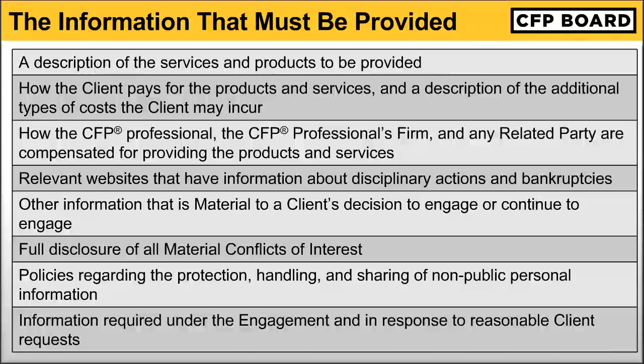Then other material information, which is a principles-based standard. If it's material information, the client has to get it. Full disclosure of all material conflicts, policies regarding the protection, handling, and sharing of NPPI, non-public personal information, and then information required under the engagement in response to reasonable client requests. These are things that must be provided to the client.